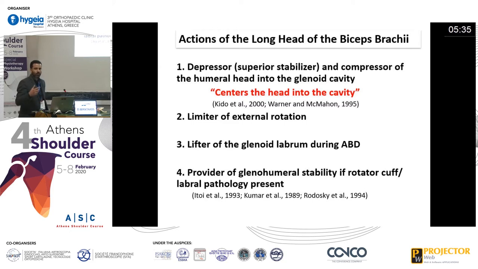That's why, because it's a very good stabilizer of the head, nowadays we think again, when we have a rotator cuff tear, of using the biceps and not cutting it, in order to center the head again into the cavity and put stitches to the tendons, the infraspinatus on the posterior side and the supraspinatus on the anterior side, in order to replace the rotator cuff.